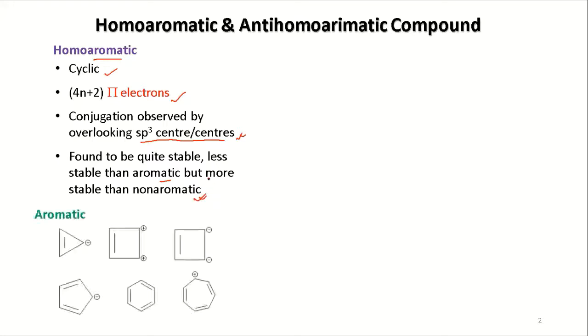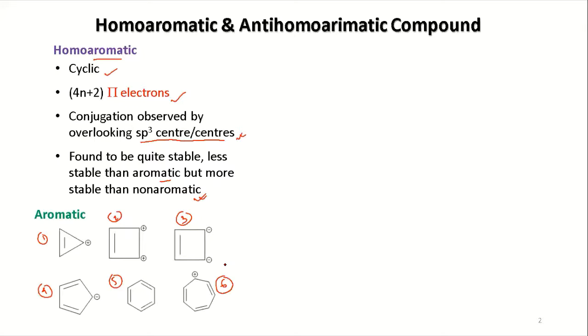Quickly, we already came to know that it is the aromatic compound which is the foundation of the homoaromatic compound, right? So we came to know these different structures, 2, 3, 4, 5, and 6.